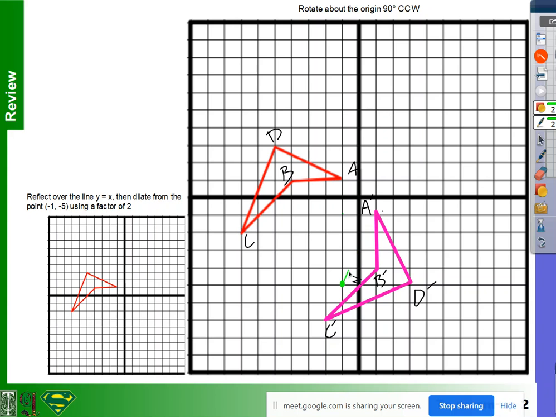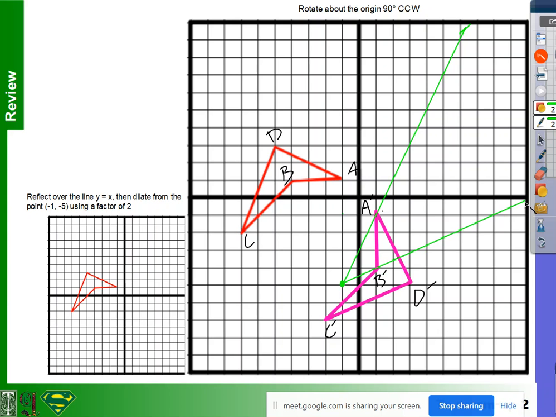So in this case, from the point of dilation to A, and then I'm going to continue it all the way across the grid because it makes this much easier later. Then I'm going to connect the point of dilation with point B and extend all the way through.